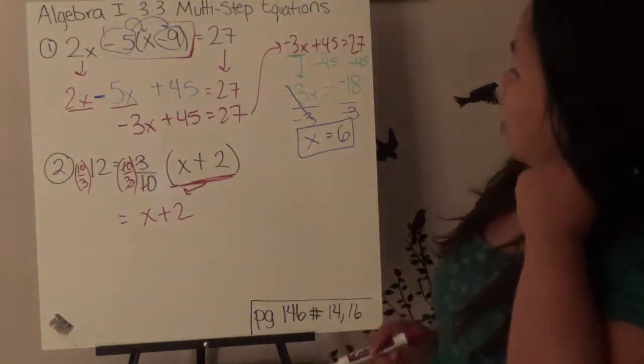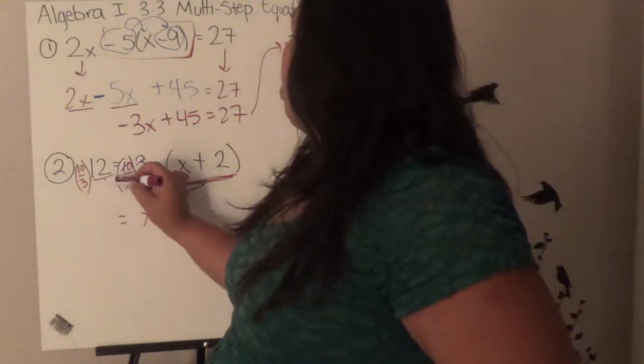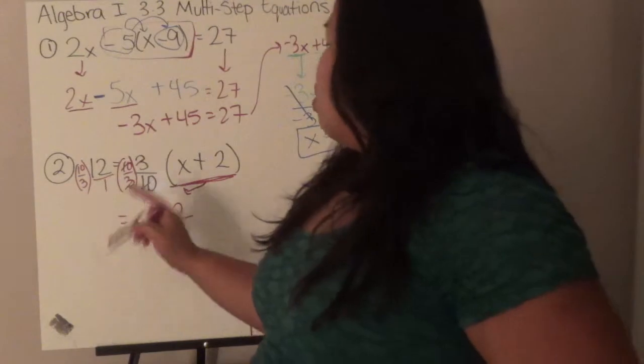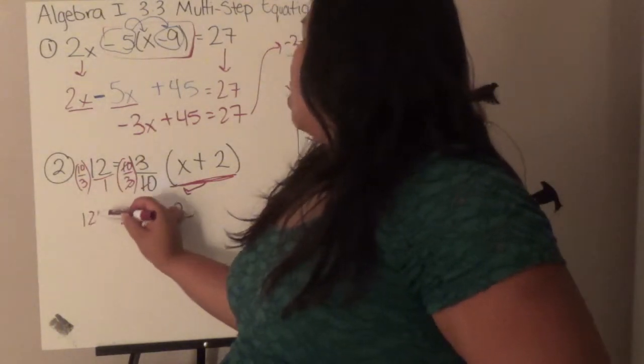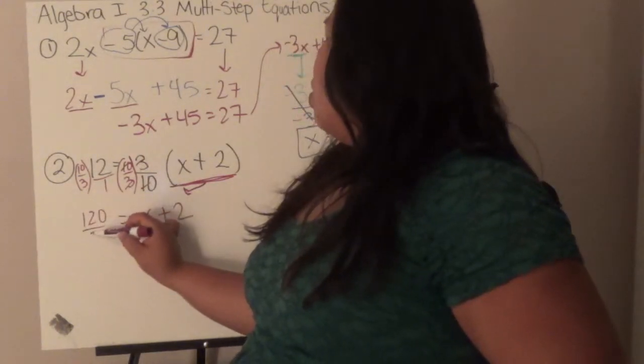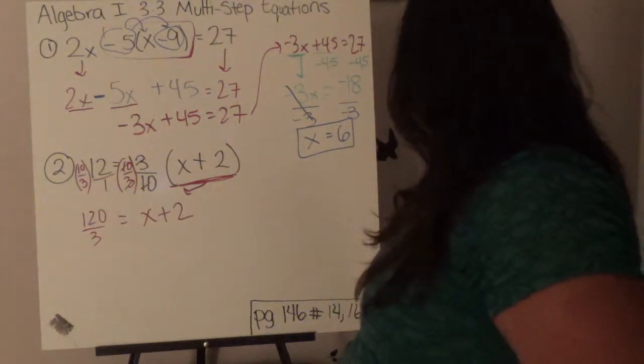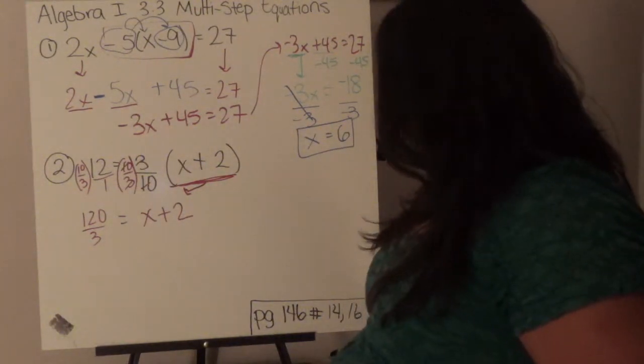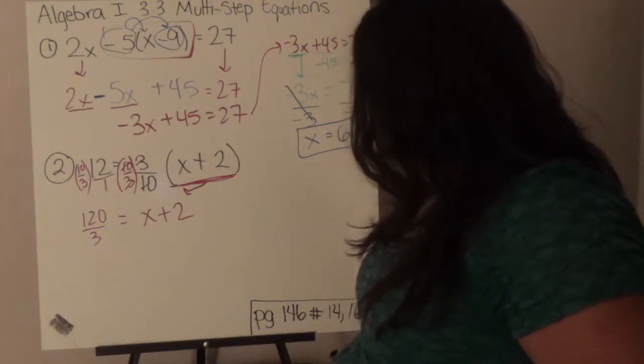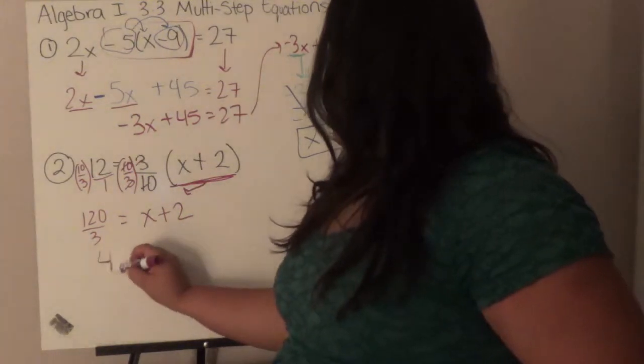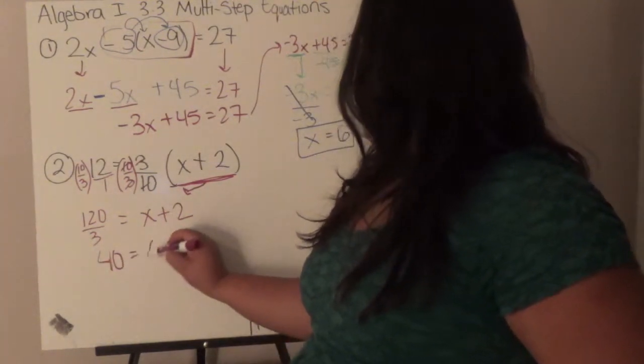Then in order for me to do that, I just put the whole number over 1 and multiply across, which gives me 120 over 3. Okay? 120 divided by 3 is 40. So 40 equals x plus 2.